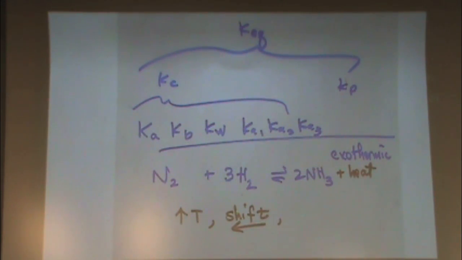How do you calculate it? Products over reactants. Is the value of products changing? Yeah, the amount of products is going down when it shifts left, and the amount of reactants is going up. So Q is going down, because there's less products and Q is products over reactants.